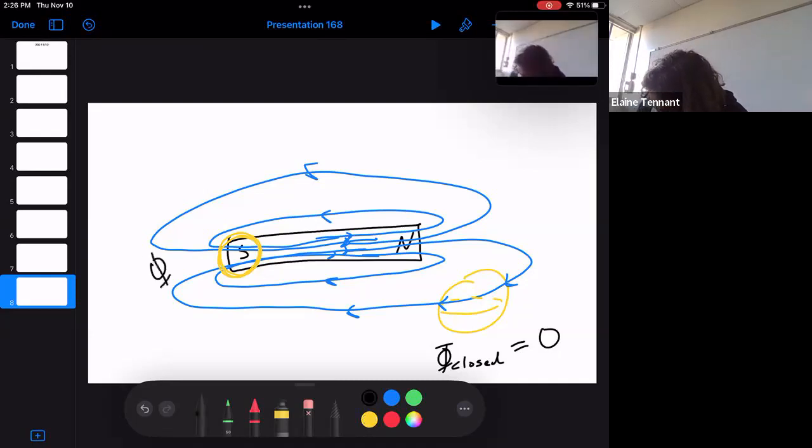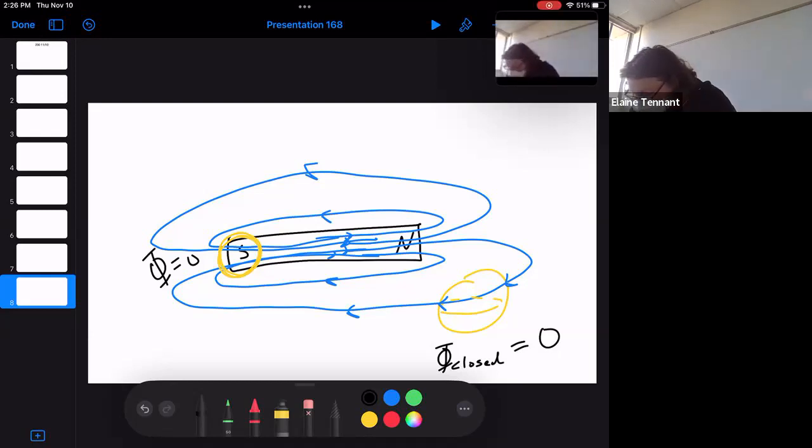Okay. Is there anywhere that I can make a closed surface so that the lines going in don't equal the lines going out? No, right? Because we have these loops. The only way that you could have a line going one way and not the other is if it didn't loop around at some point.